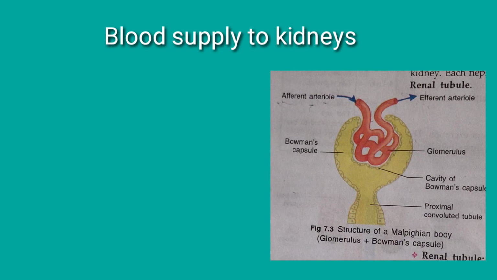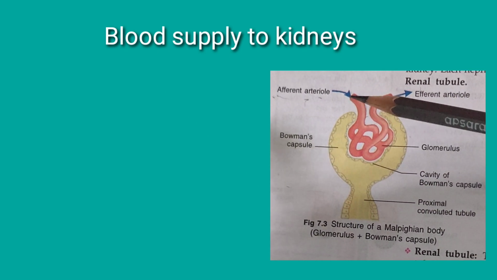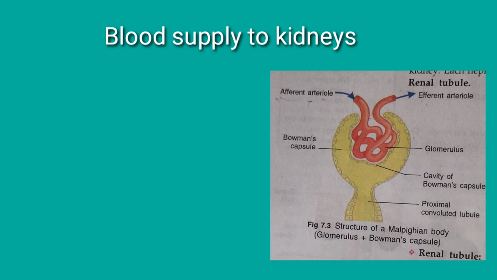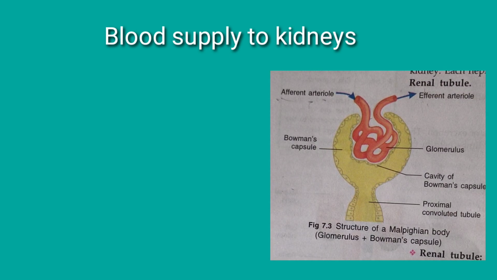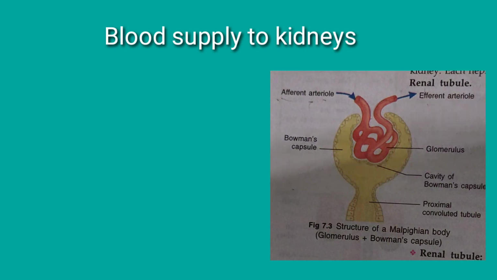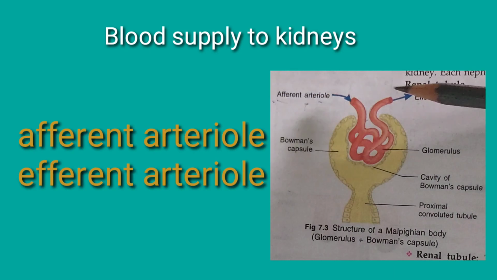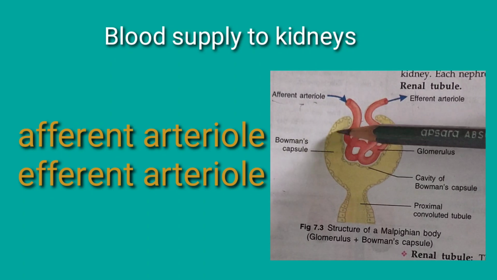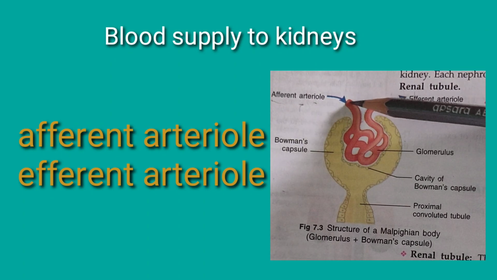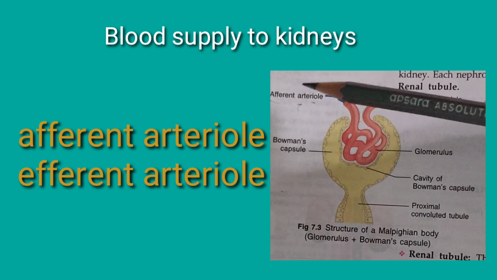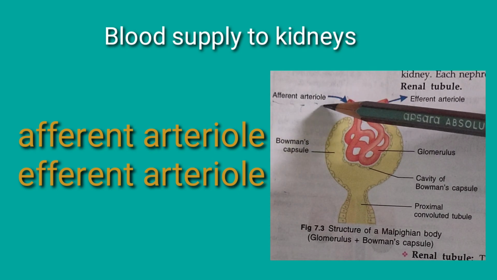These renal arteries, before entering the Bowman's capsule, first divide into small arteries, also referred to as arterioles. The arteriole which is entering the Bowman's capsule is referred to as the afferent arteriole.